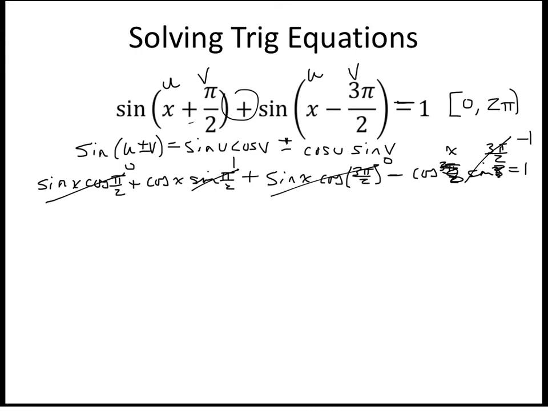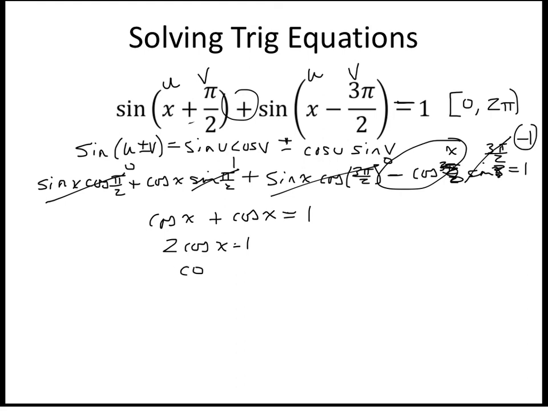Okay, and the sine of 3 pi over 2 is a negative 1. So now we're left with cosine of x minus, and it's negative 1 times this negative cosine x, so it'll be plus cosine x equals 1. Hope everybody saw that. So that gives me 2 cosine of x equals 1. Dividing both sides by 2 to isolate our trig function, we get cosine of x equals 1/2.